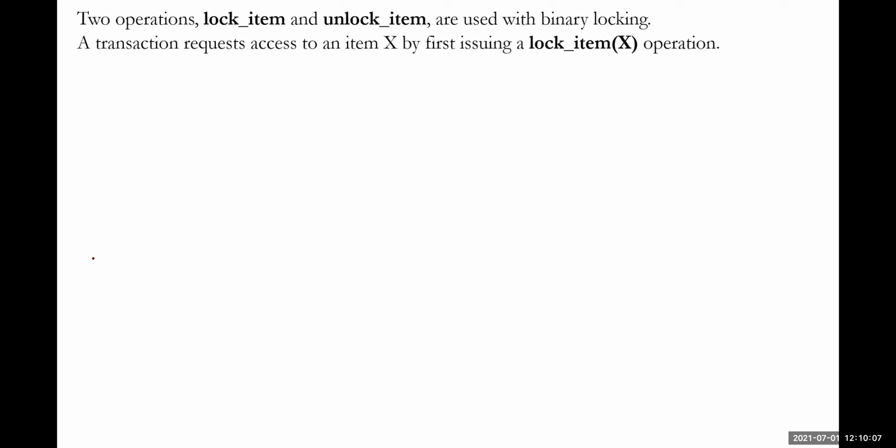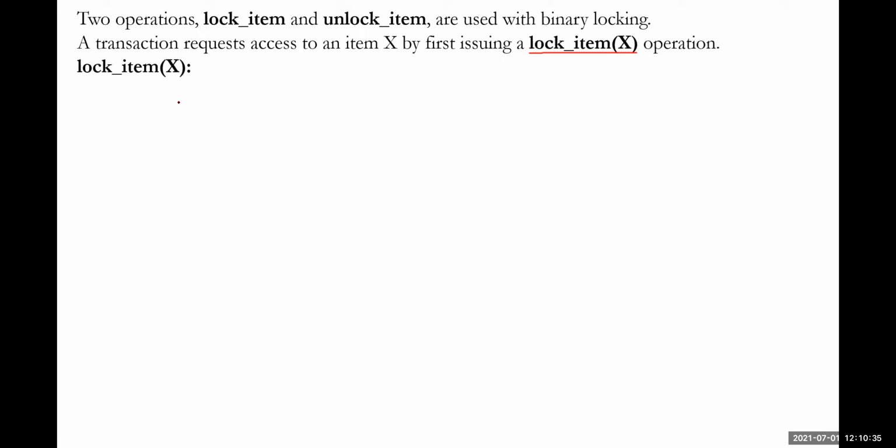If any user wants to lock a particular item before performing a read or write on it, that transaction must first perform the lock item operation. First you have to operate lock item, then you can perform any read or write operations based on your requirement.